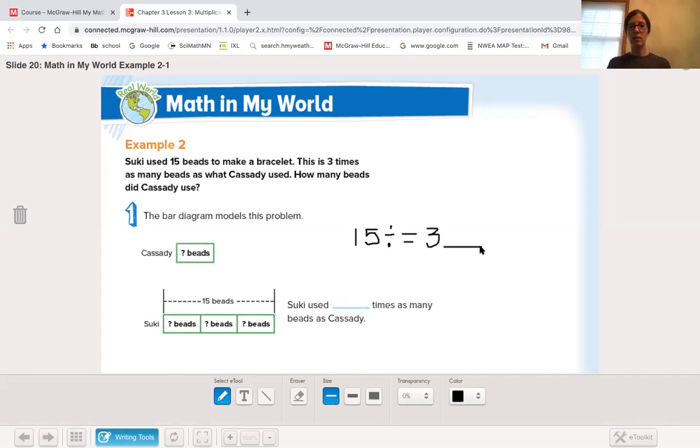And what would that be? Or you can think of, it is 15. She did use 15. We know the total. And this is 3 times as much as Cassidy. But since we don't know what Cassidy is, you can use mystery box. Or you could have written 3 times C, because it's our unknown, which is 15.